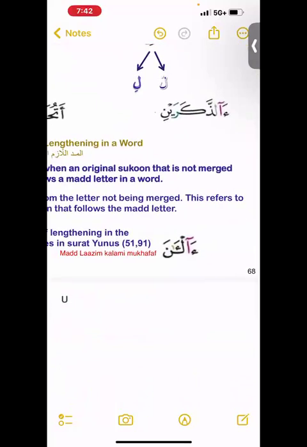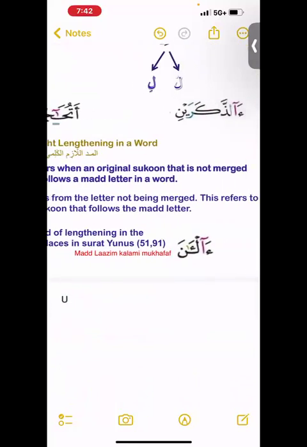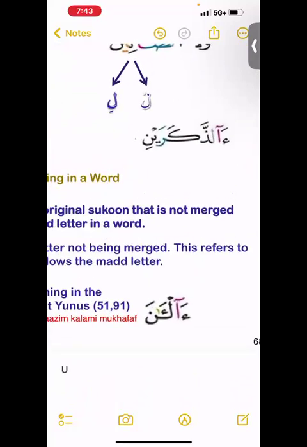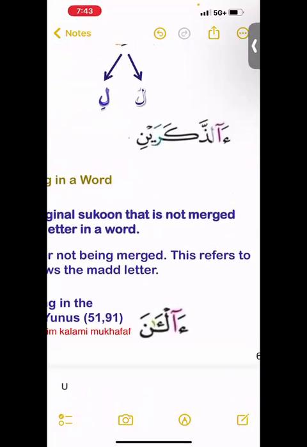Okay. Another example here is الذكرين. If you remember, anything that has a hamza followed by a mad letter is mad badal, right? Now you might say this is mad badal, but remember, it is immediately followed by a shadda.